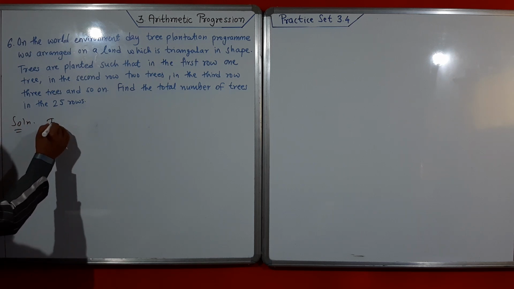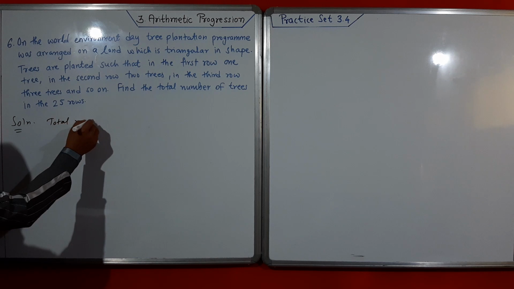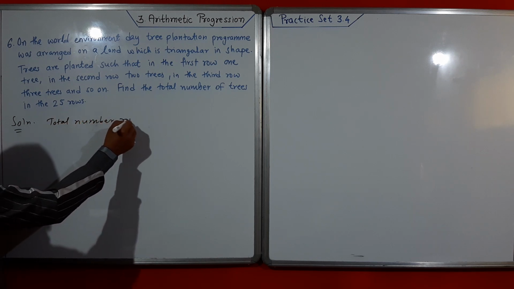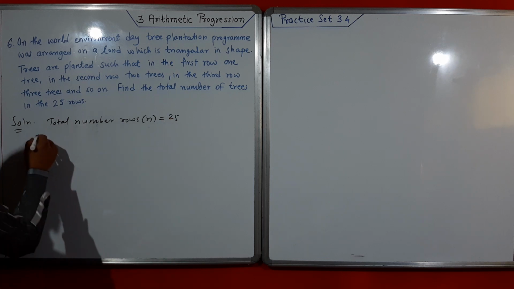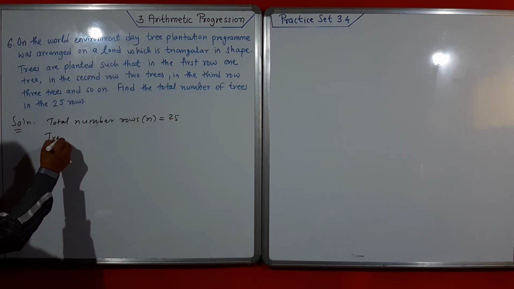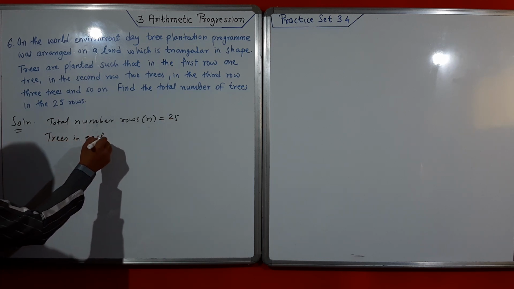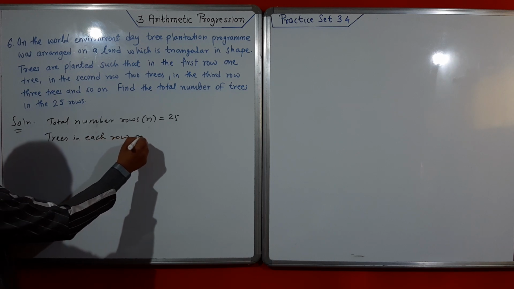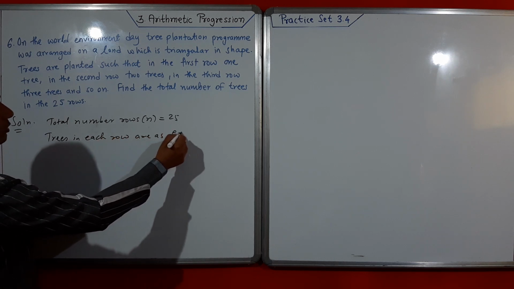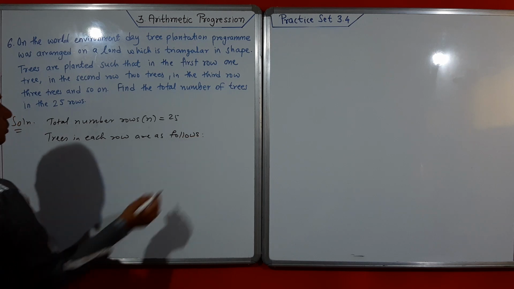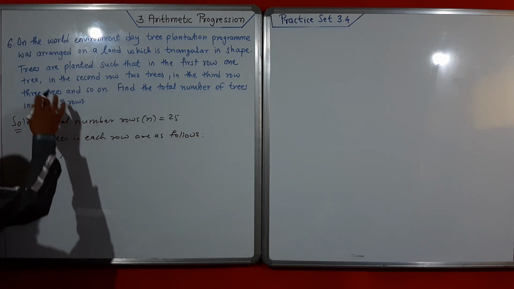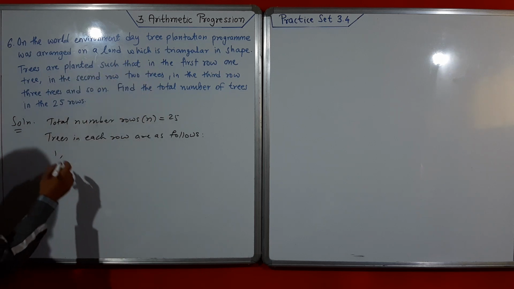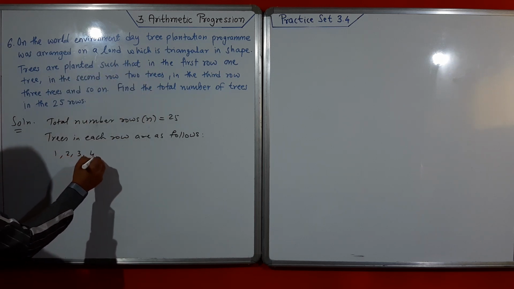Total number of rows n is equal to 25, given. Trees in each row are as follows: first row planted 1, then 2, 3, 4 and so on.